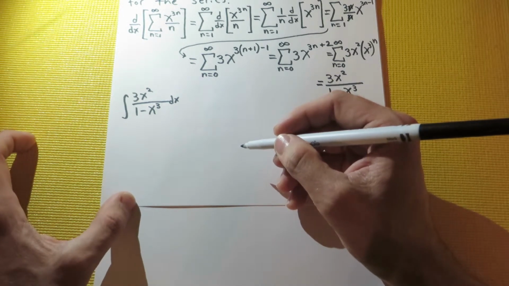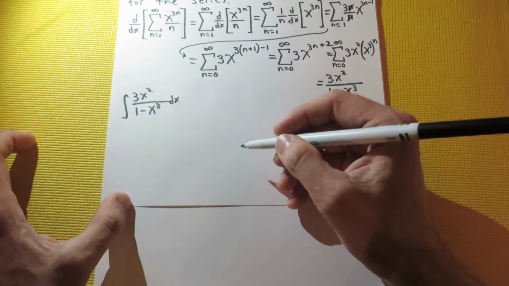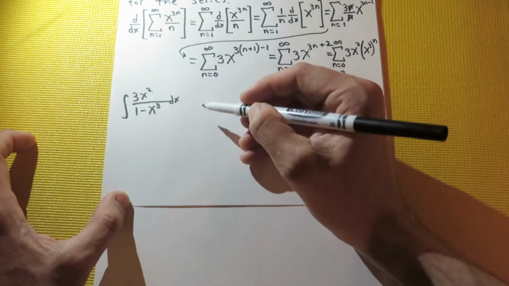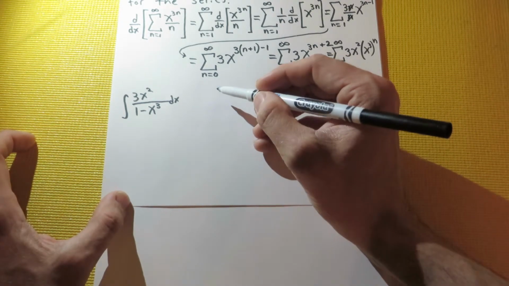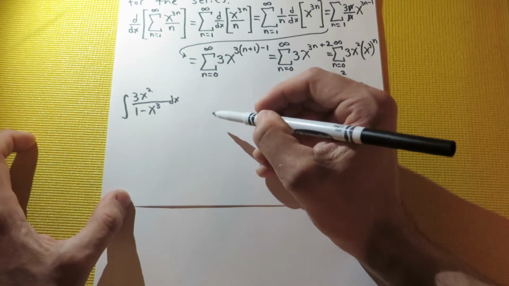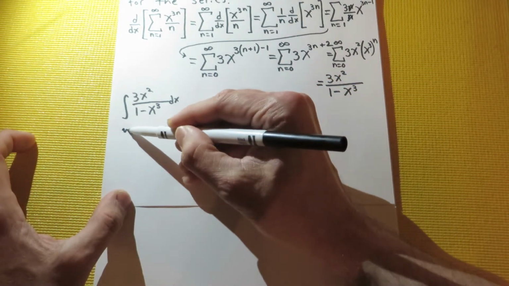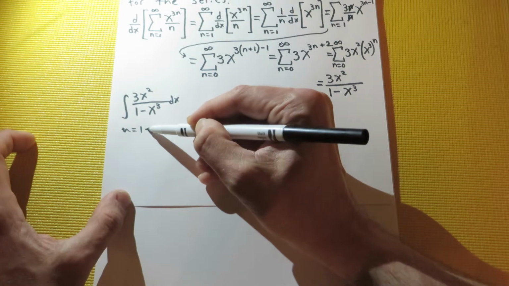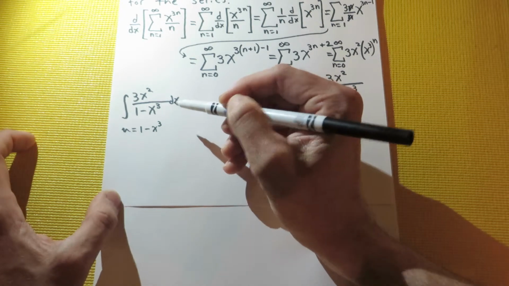And the first thing that might jump out at you is that we can do u substitution here. Let's let our u equal 1 minus x cubed.